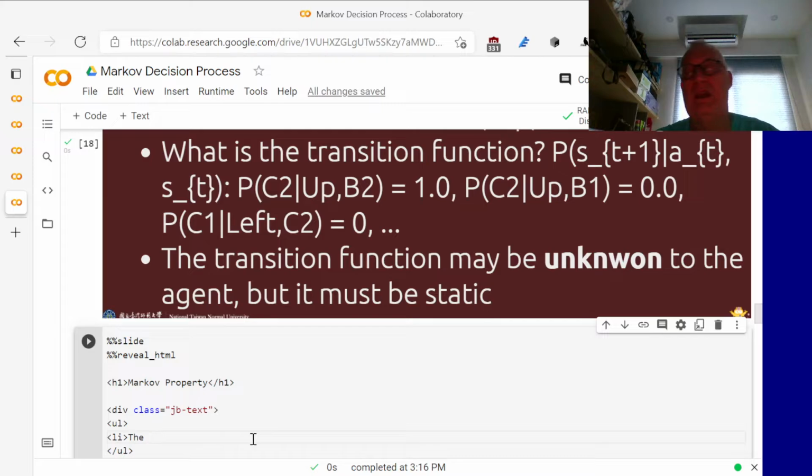So this is usually expressed as saying that the environment is Markovian, or you can say the Markov property holds.